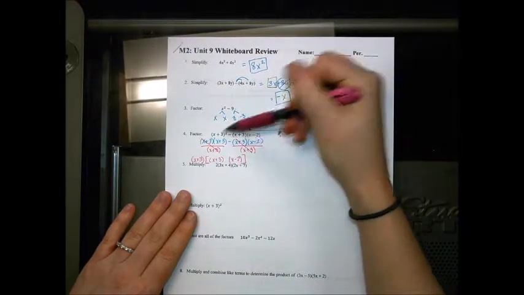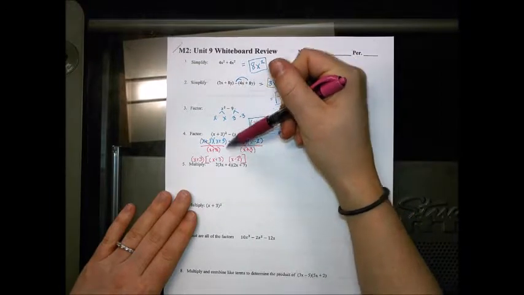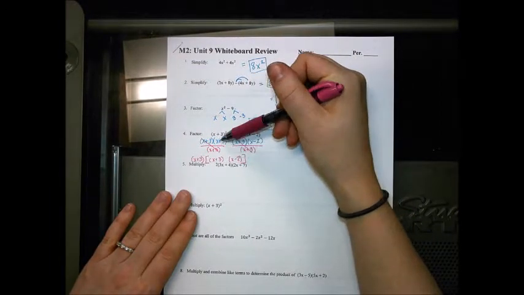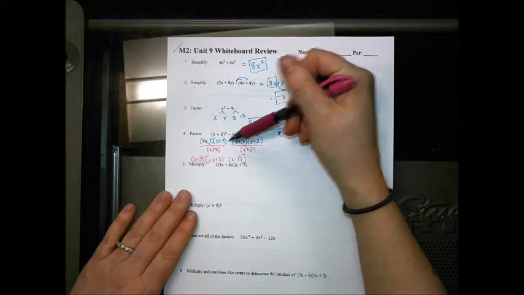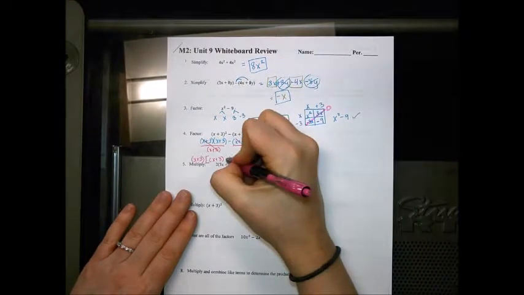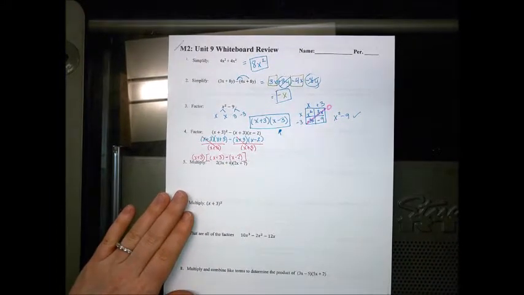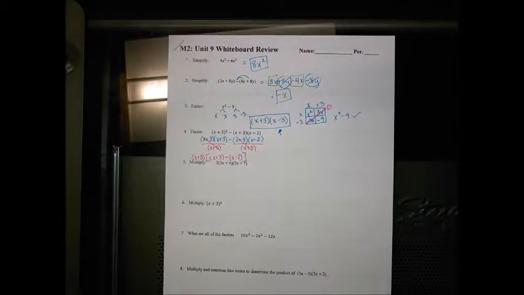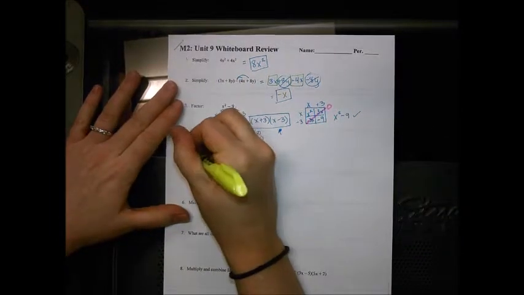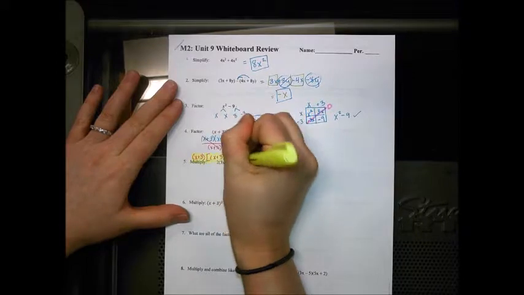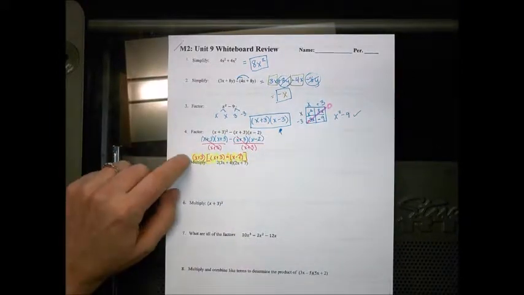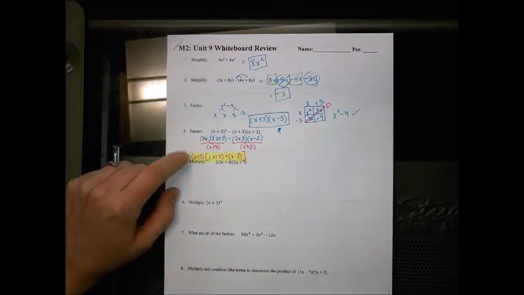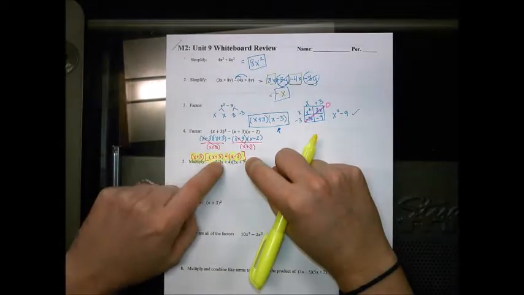There were two terms up here. So what separates these two terms from each other is this subtraction sign. So make sure you have that subtraction sign in your answer as well. My answer for number 4 is x plus 3 times the quantity x plus 3 minus x plus 2.